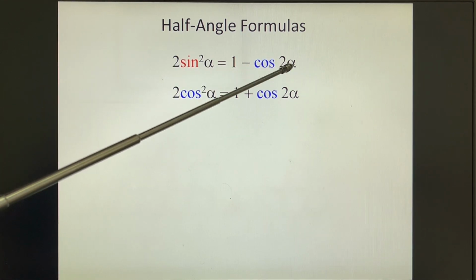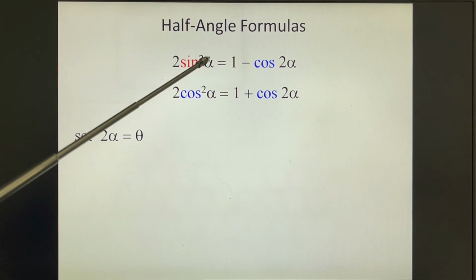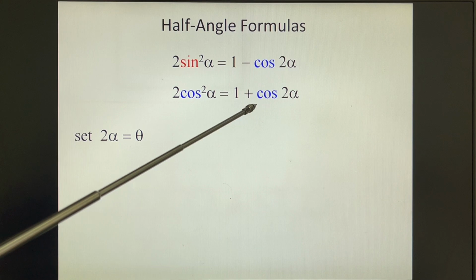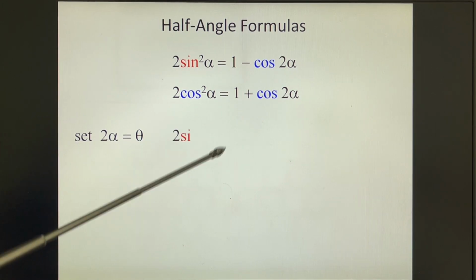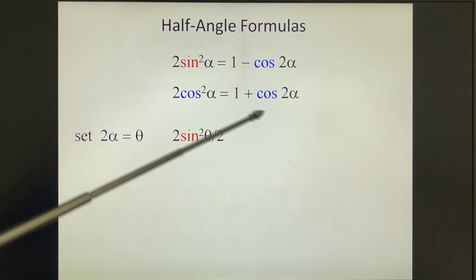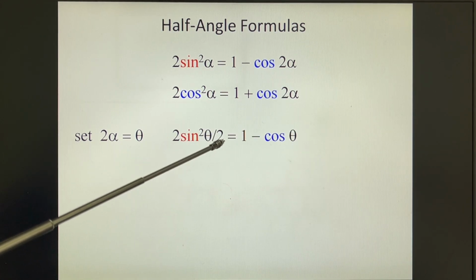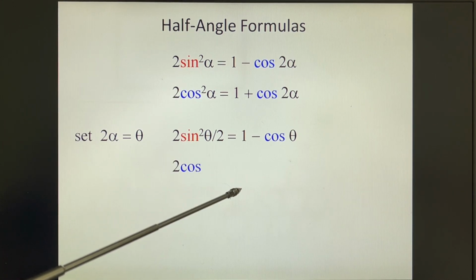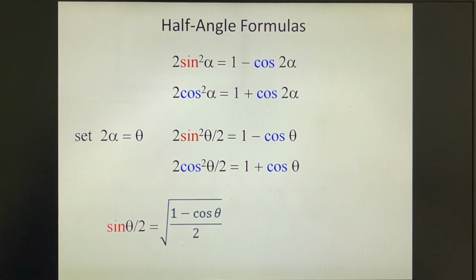We set 2 alpha equal to theta. Then alpha equals half theta. We rewrite this in terms of theta. We get 2 sine squared half theta equals 1 minus cosine theta. This is half angle. 2 cosine squared half theta equals 1 plus cosine theta.